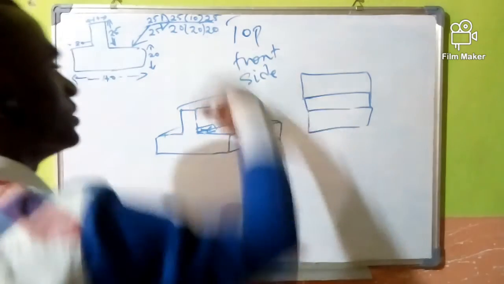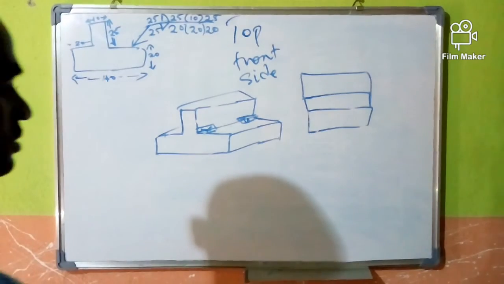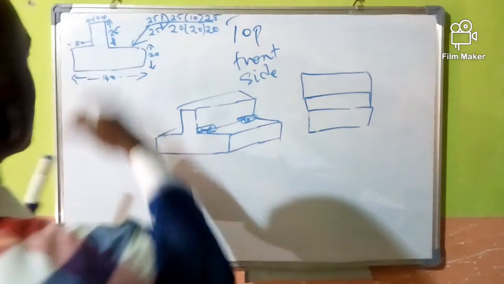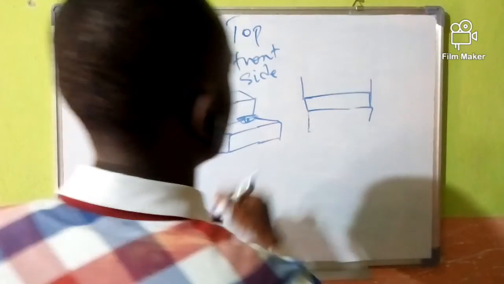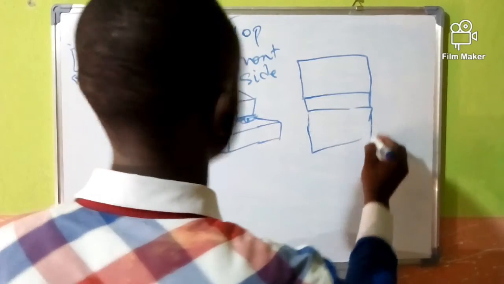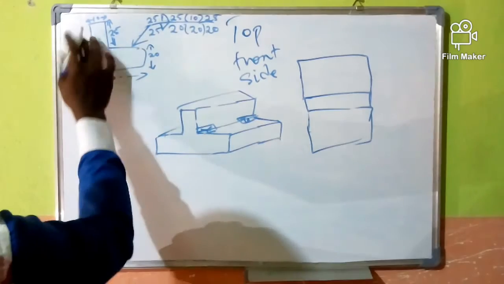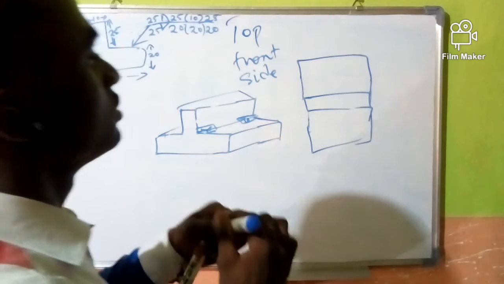Shooting out from this side, we have 20, the same as the other side. Let's increase it a little bit because the leg we have is more than 20, so let's say more like 40 or something thereabout. So that is 40 there.